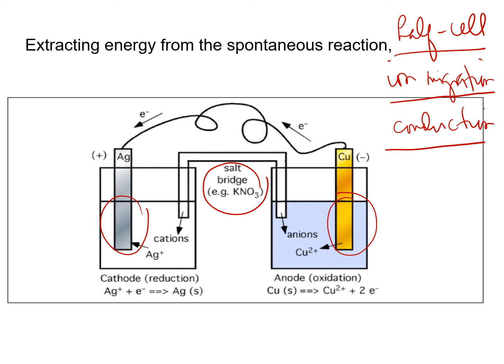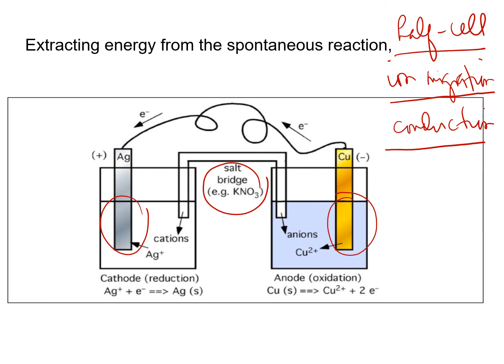So let's look at the anode on the right side. Copper 2 plus enters the anode solution. Remember, anode is where oxidation takes place. So the copper, from 0, is oxidized into copper 2 plus. The oxidized copper enters the anode solution, and that builds a positive charge in the solution.